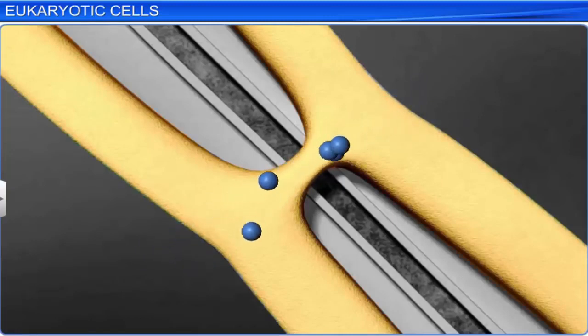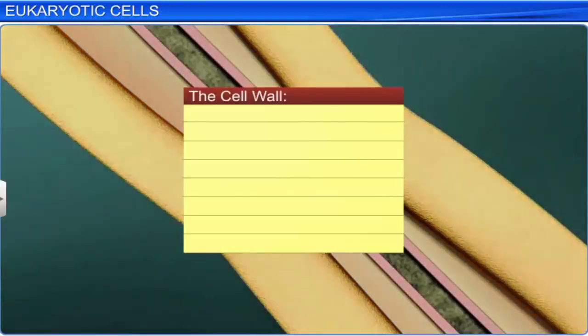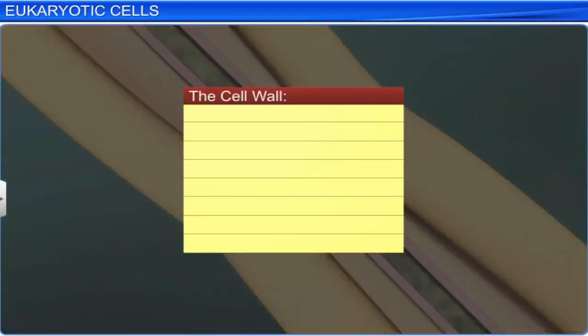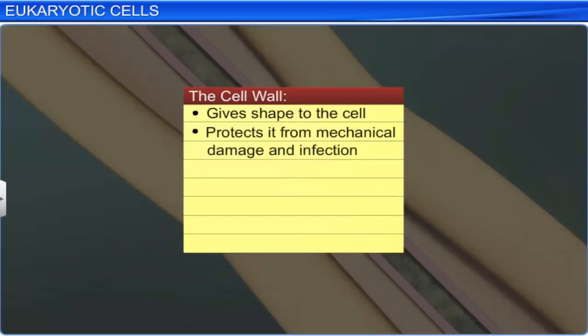The cell wall is an important part of the cell as it lends shape to the cell, protects it from mechanical damage and infection, prevents the entry of undesirable macromolecules such as nucleic acids, and also aids in cell-to-cell interaction.